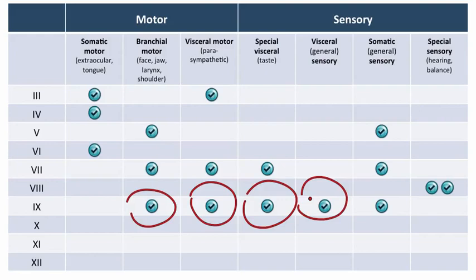So these signals feed into the brainstem via the glossopharyngeal nerve, and this is what we have in mind when we talk about our visceral sensory element here. Now there's a somatic sensory component as well, also derived from a small patch of skin in the external ear, and that accounts for these 5 components of the glossopharyngeal.